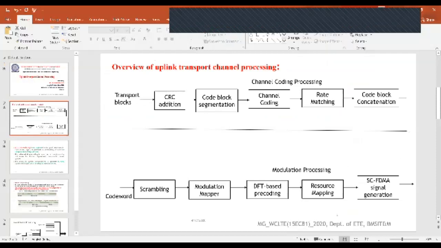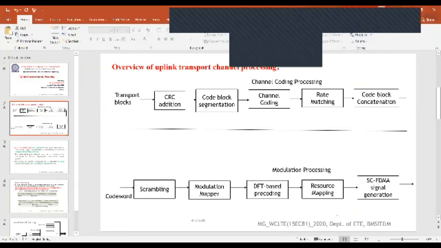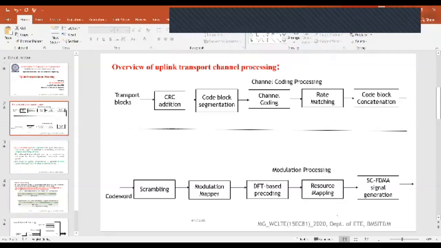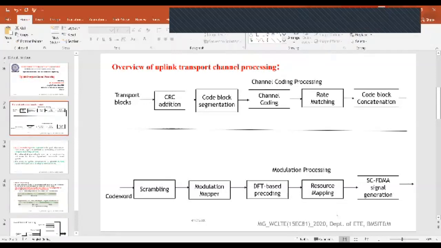Then it undergoes code block segmentation and then channel coding. Okay. So here channel coding is the same as what we have used in downlink transport channel processing. Like that, 1/3 turbo coding only is used as a channel coding technique, and that too depends on the type of channel used.